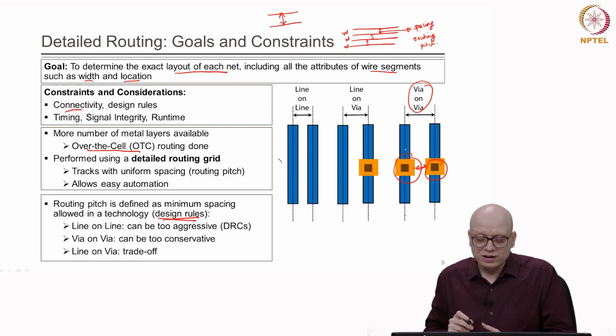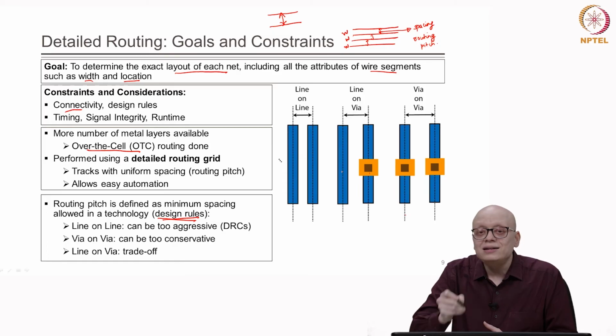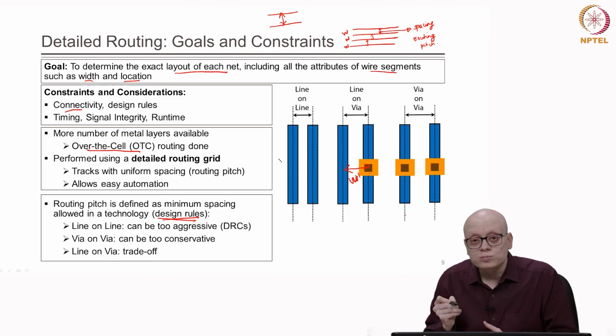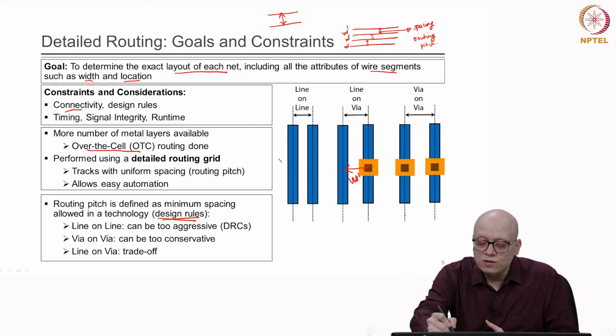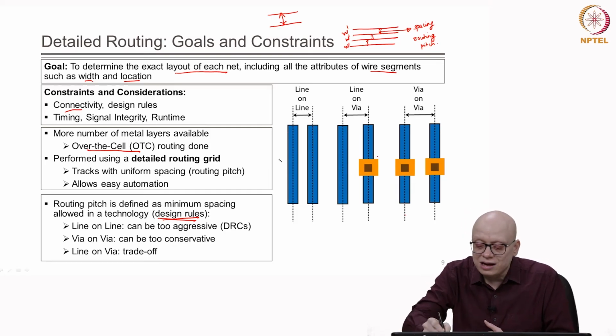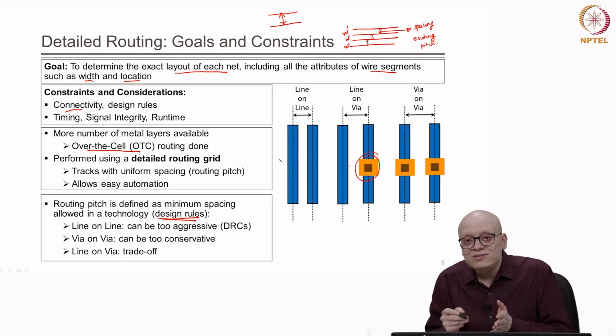Typically, what we can do is, in the design rule we have the minimum spacing between a via and a line, and we can take that as, let us call it, W dash, and we can create the tracks based on the width of W dash. Therefore, whenever we need to add one via, we need not leave any unused space or unused track, we can have it on the same track, and we have allocated space for the vias.